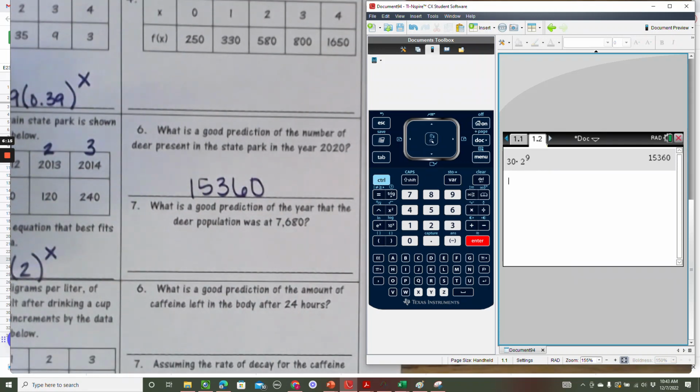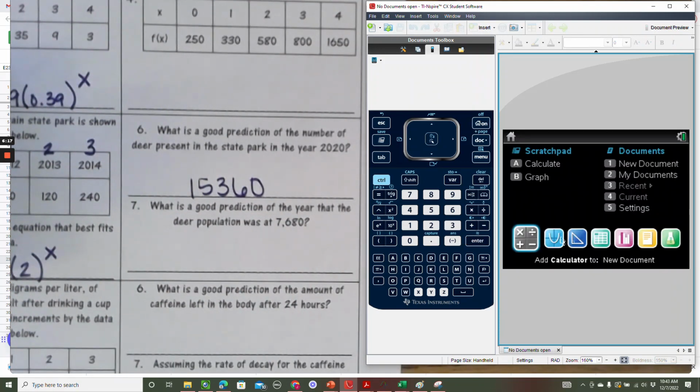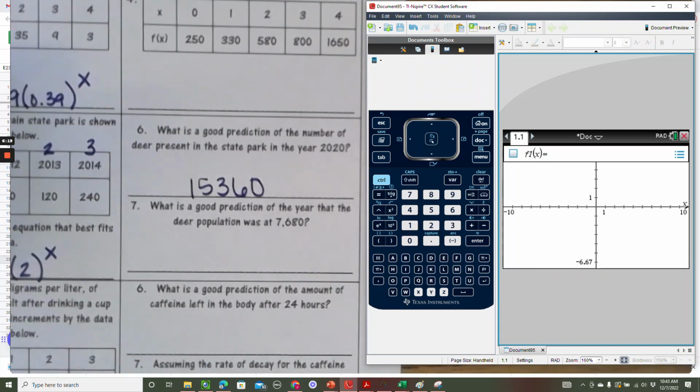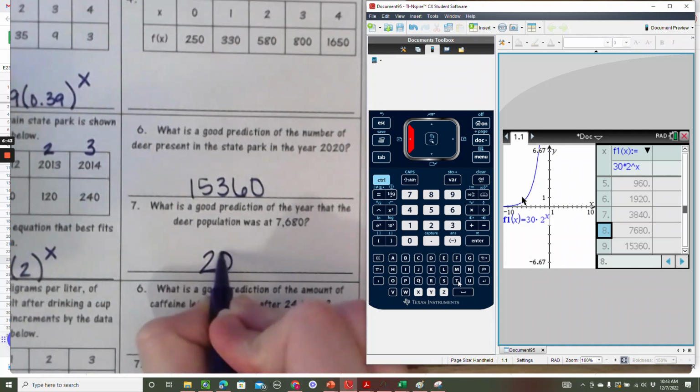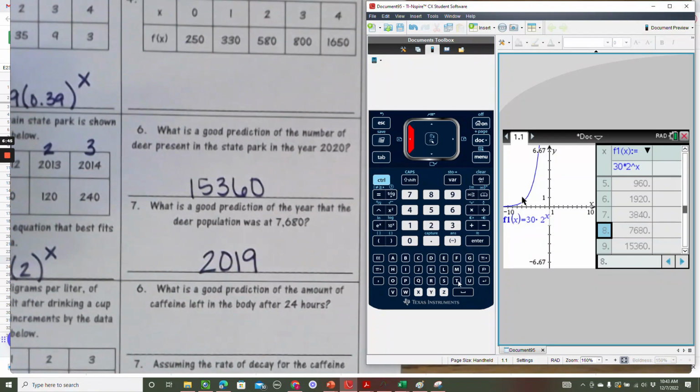That's the f of x. So that's when you go to the graph. So 30 times 2 to the x, control T. We're looking at 7680. 8. Now wait. That's 8 years after 2011. So what year would that be? 2019. Okay.